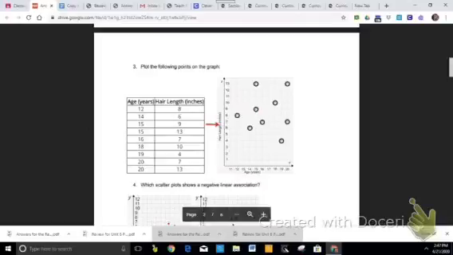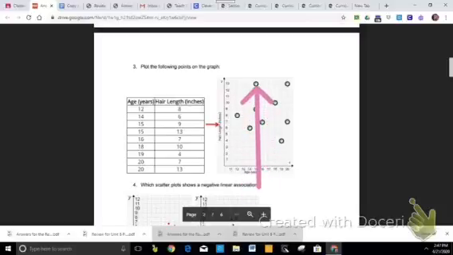Our next one would be 14, comma 6. So we go to 14 and over to 6, and we have a dot at 14, comma 6. Then 15, 9, so we go to 15 and up to 9, but we also have 15, comma 13.